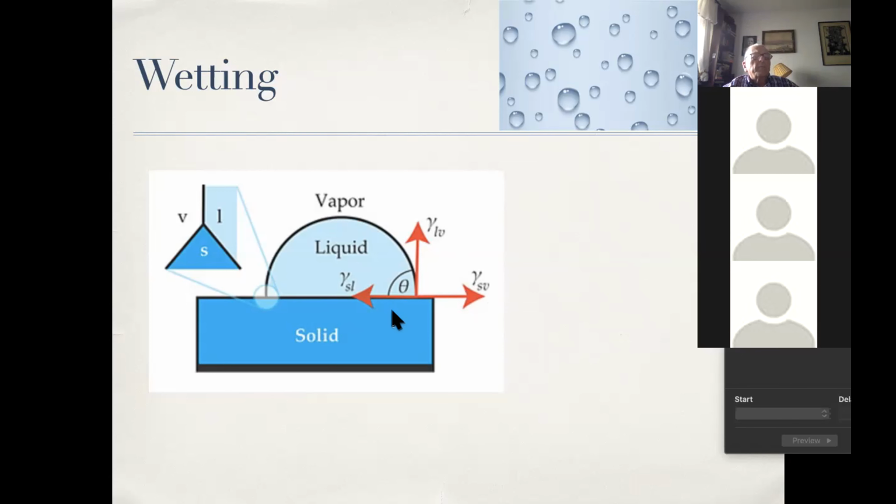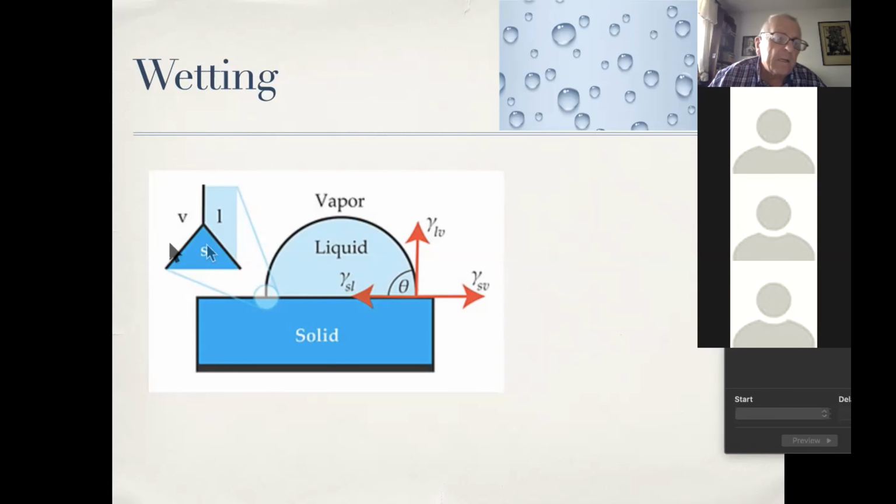It is obvious that the relative values of these three forces determine the angle which is formed by the line which is tangent to the surface of the liquid at that edge. That angle theta is called the wetting angle.